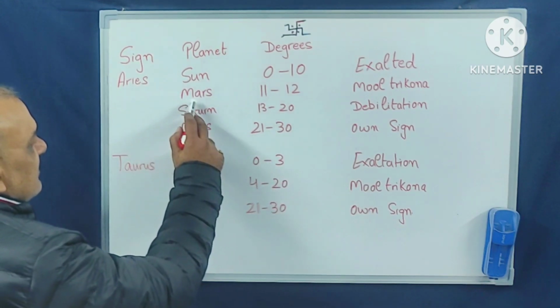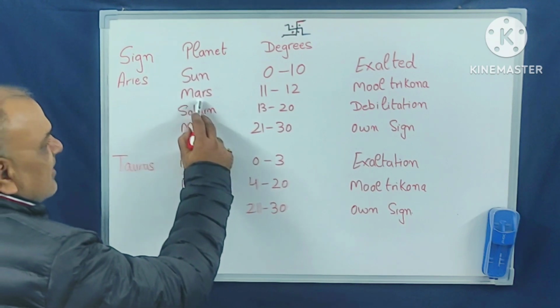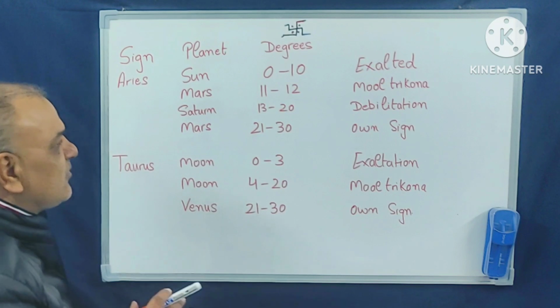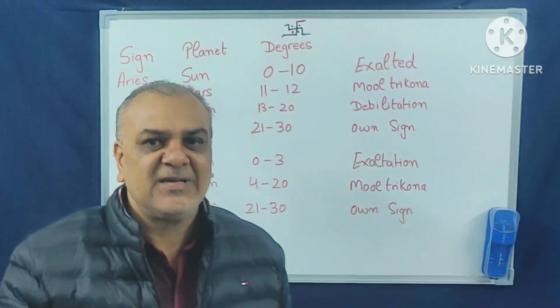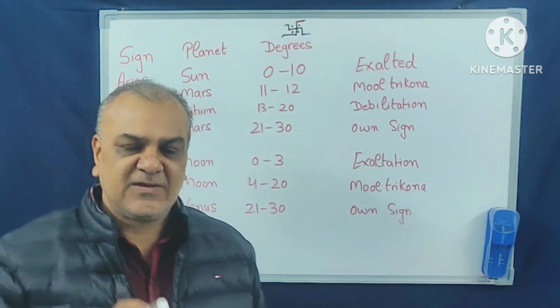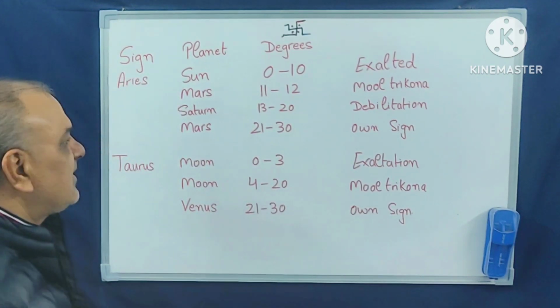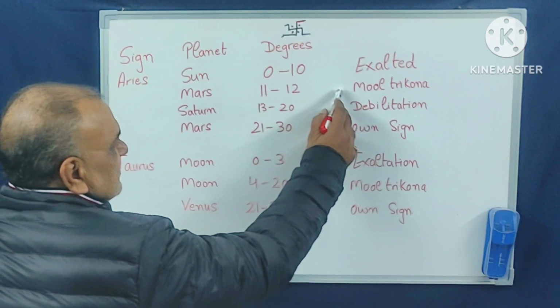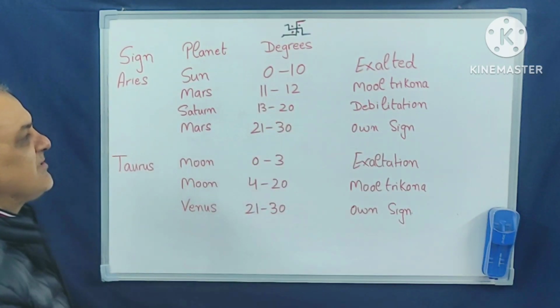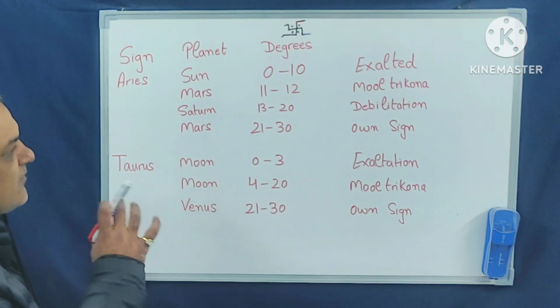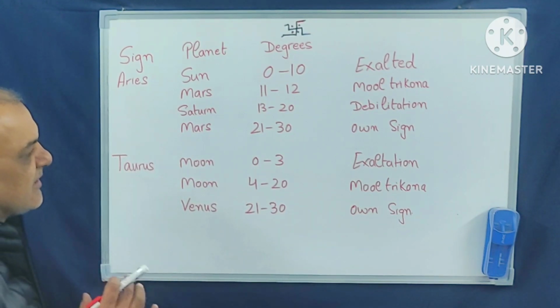In the same way, in Aries, if Mars is placed between 11 to 12 degrees, that Mars is in his own Mool Trikona sign. This you have to consider. What is the benefit of this Mool Trikona, exalted and debilitation?